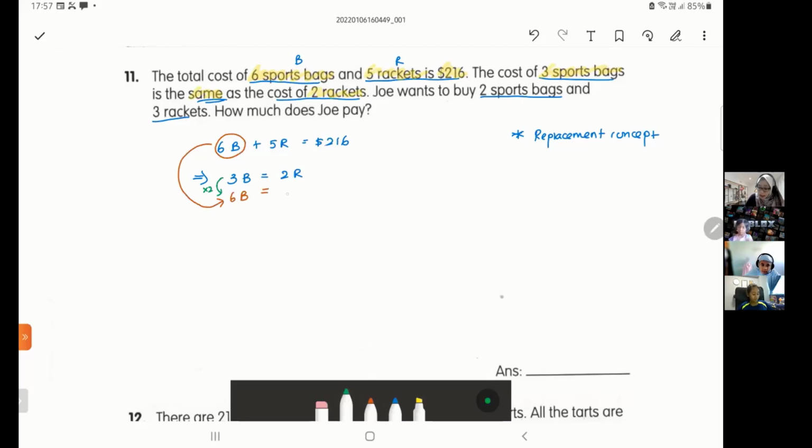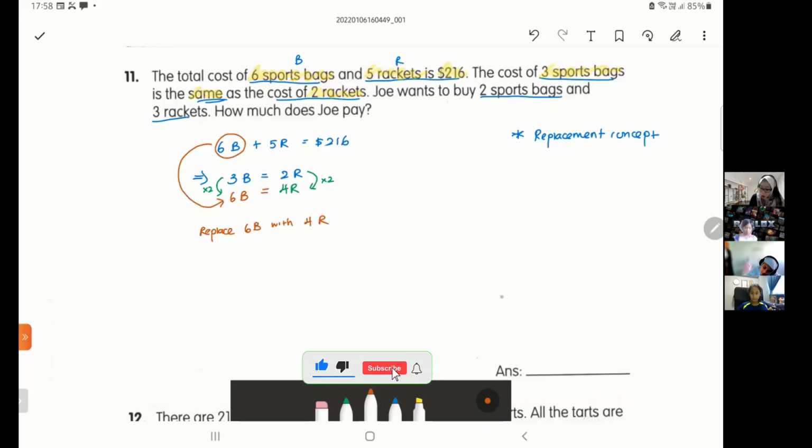So over here, I will also times it with 2. So 2 times 2 is 4 rackets. Okay? Now this is where the replacement comes in. We are going to replace 6 bags with 4 rackets.